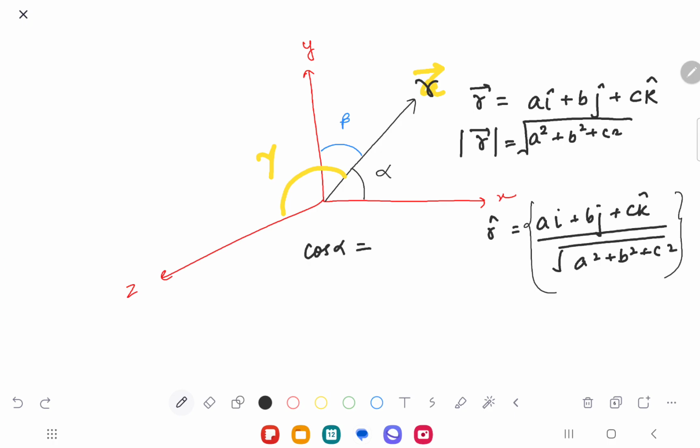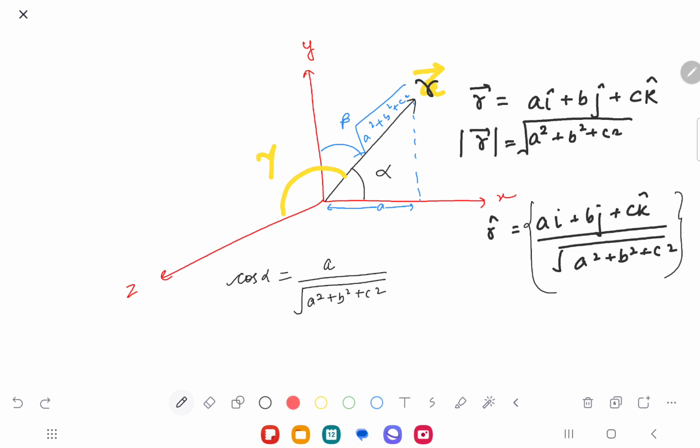Yes, ma'am. And now if you want to calculate the cos alpha, what would that be, Atul? It shall be A over under root of A square plus B square plus C square. I hope you're understanding, because this much distance we have traveled is A, and this is under root of A square plus B square plus C square.